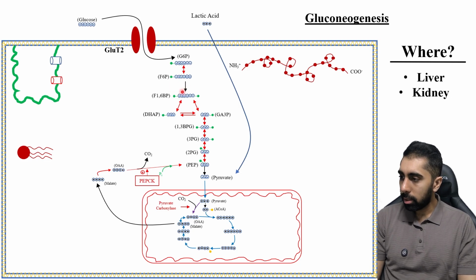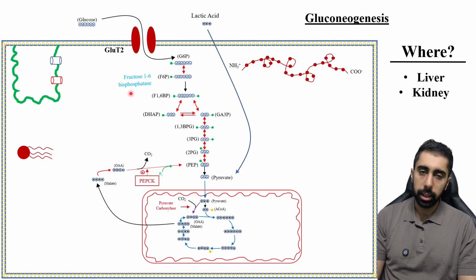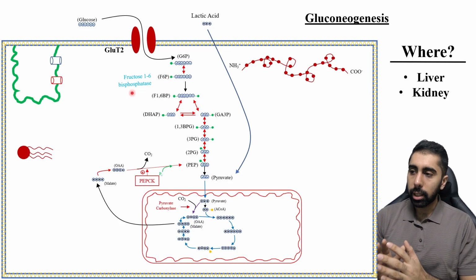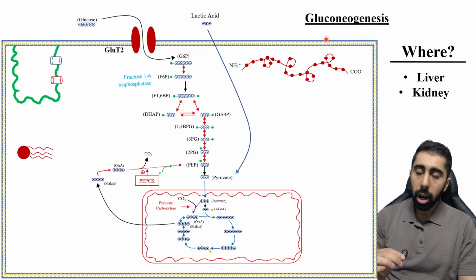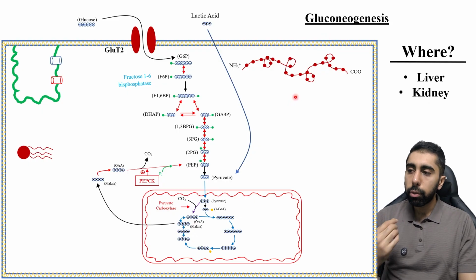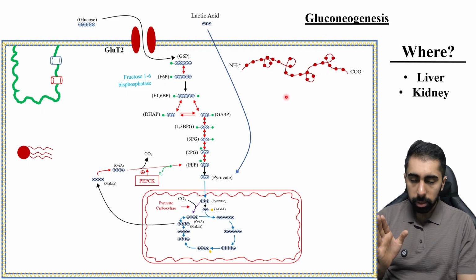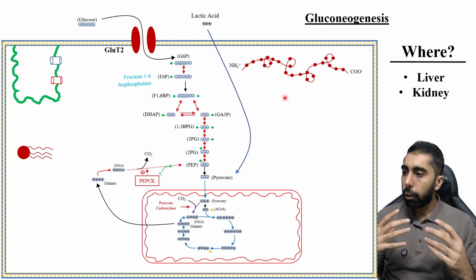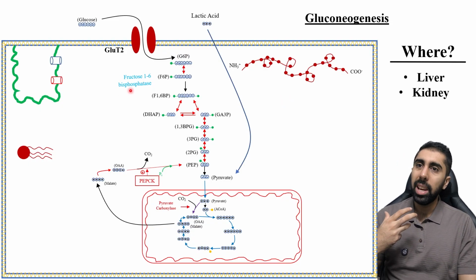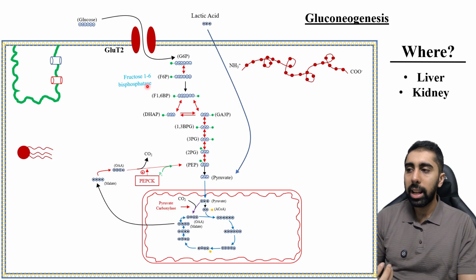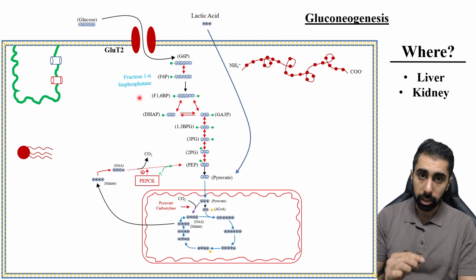So here we have an enzyme called fructose 1,6-bisphosphatase. Why can't we do gluconeogenesis in muscles? Because there are differences in the enzymes in muscles and in liver. For example, we do not have a good enough amount of fructose 1,6-bisphosphatase in muscles.